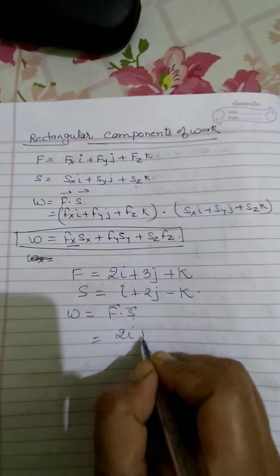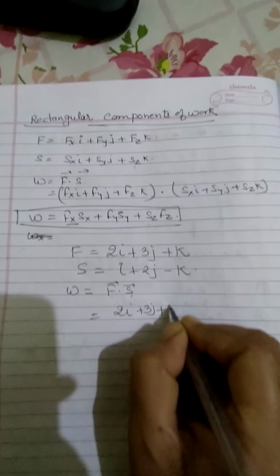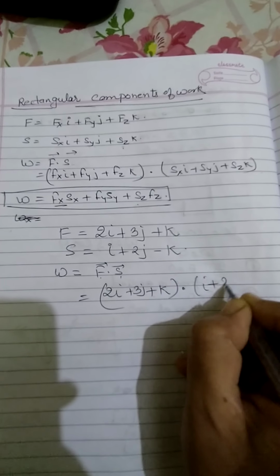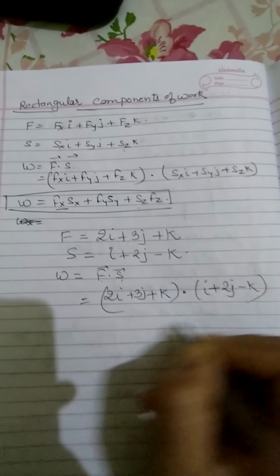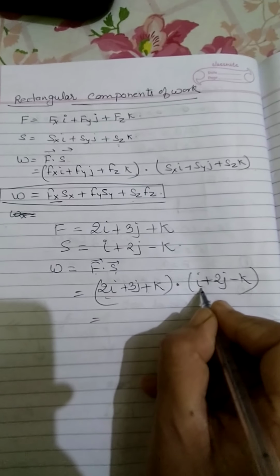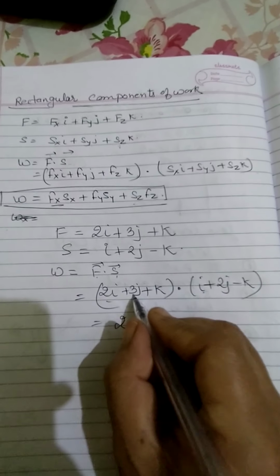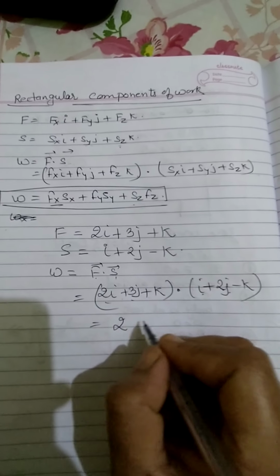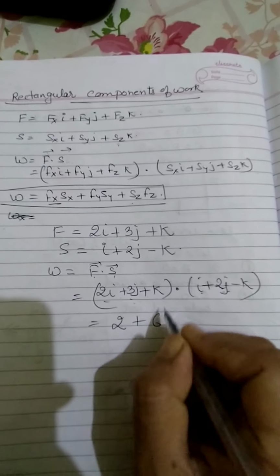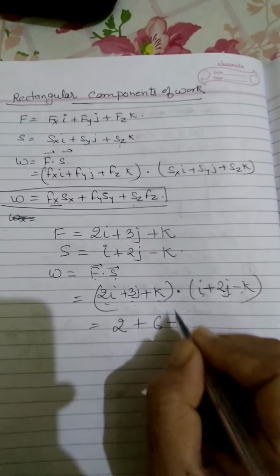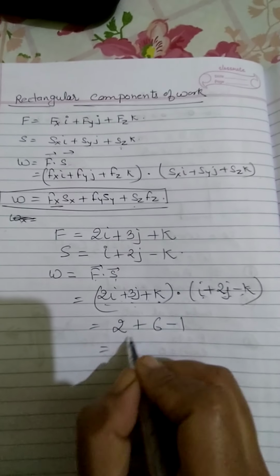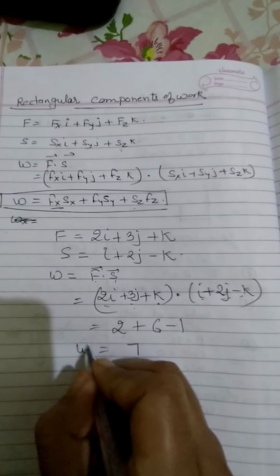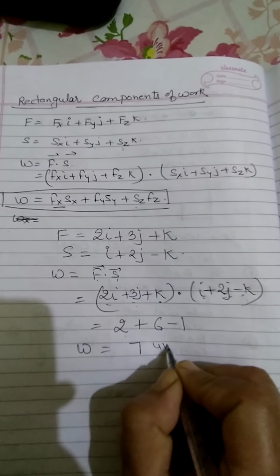So (2i plus 3j plus k) dot (i plus 2j minus k). i will be multiplied by i, so it will be 2. 3 will multiply, meaning j will be multiplied by j, plus and plus is plus, 3 times 2 is 6, and minus 1 times 1. So it will be 2 plus 6 is 8, minus 1, that is 7. So work done will be 7. 7 what? 7 units.